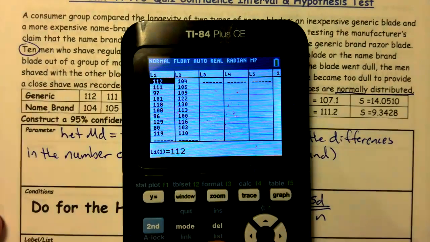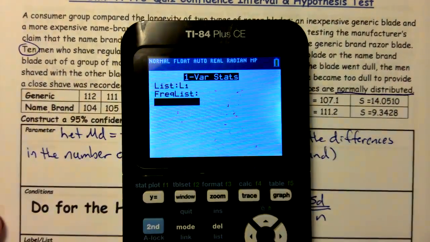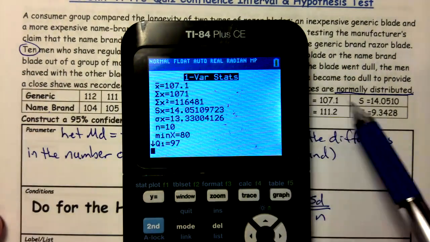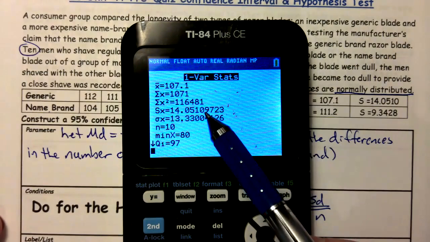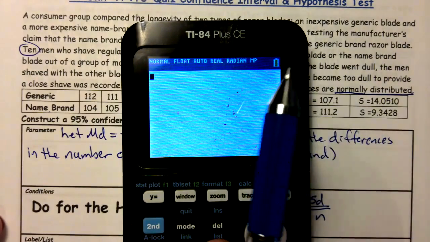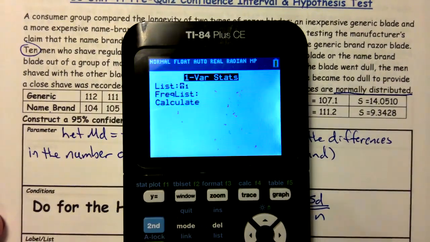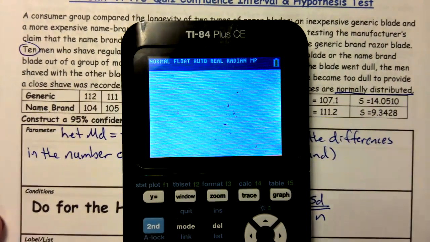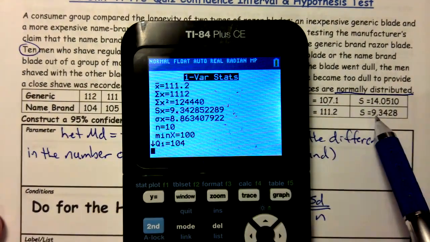If I go stat, calc, one var stats, and let's say I go second one, there's my average of 107.1. There's my standard deviation 14.05. I can check the other column, stat calc one var stats, by changing it to L2, so second two. And we have 111.2 and 9.34.